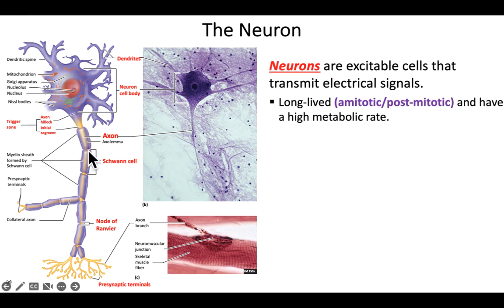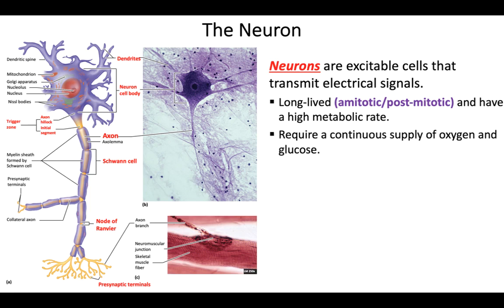You'll notice in between the Schwann cells, there are these little gaps. Those are called nodes of Ranvier. And when we talk more about myelination, we're going to see that the action potentials will actually jump over the Schwann cells, and that way they can get down to the end of the axon much quicker.